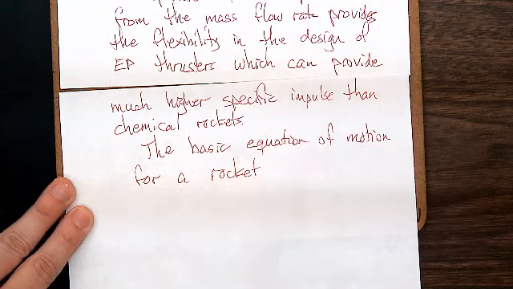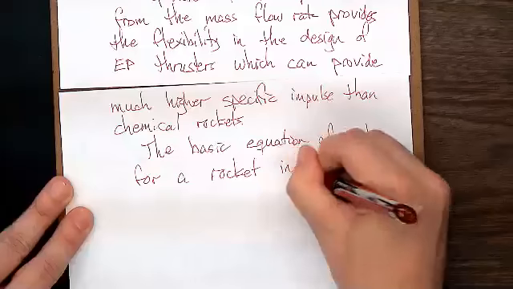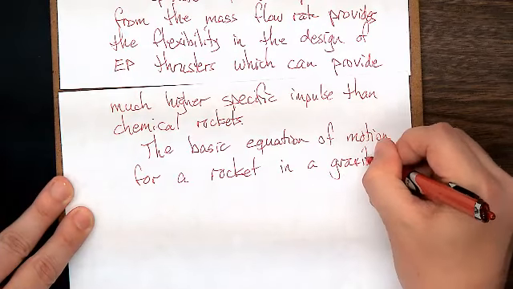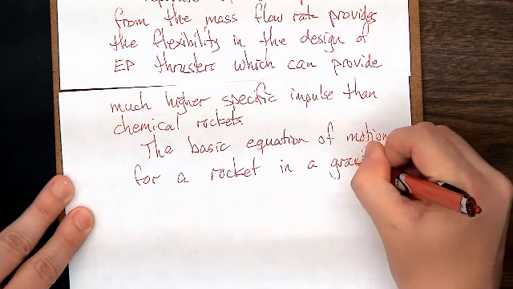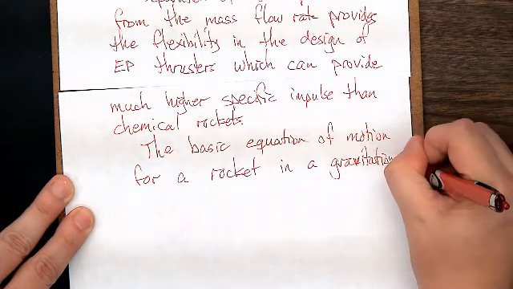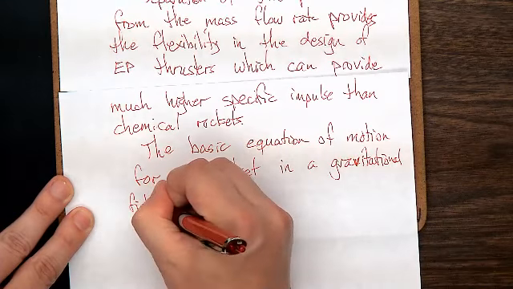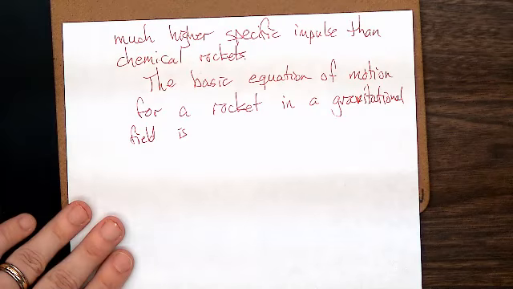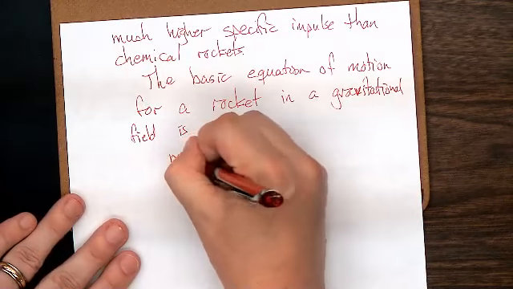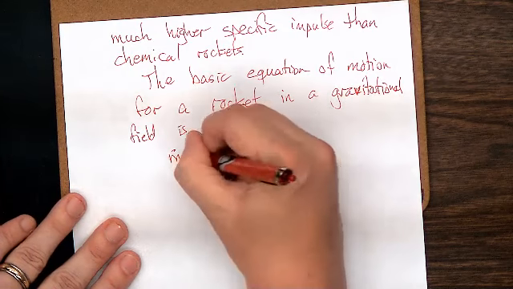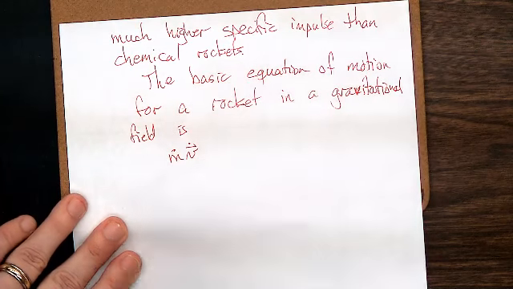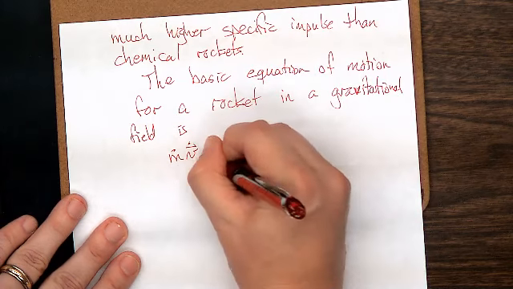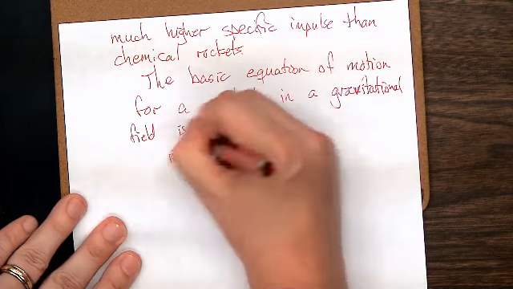And this would be any kind of rocket that is in a gravitational field. The mass of the rocket times its acceleration vector is, oops, there is no dot there.